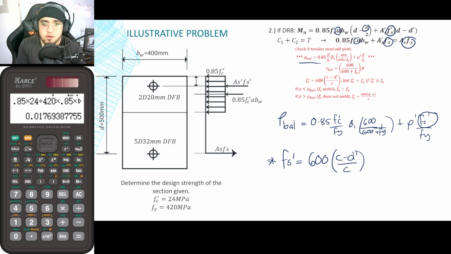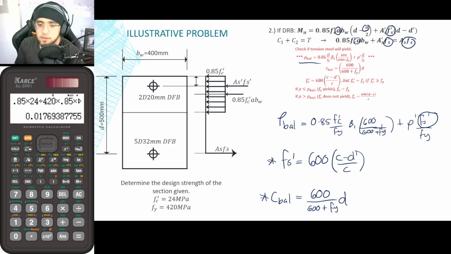Since we are talking about balance condition, c balanced is equal to 600 divided by 600 plus fy times the value of d. This was already discussed in our previous lecture.